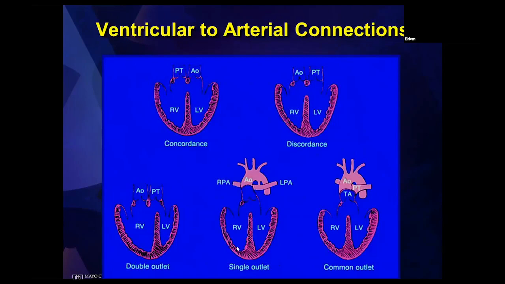You can also have a single outlet where both ventricles empty into a single great artery, in this instance, an aorta, such as in pulmonary atresia. And then finally, you can have a common outlet where both the right and left ventricles empty into a vessel that gives rise to both the aorta and the pulmonary trunk. This is an example of truncus arteriosus.